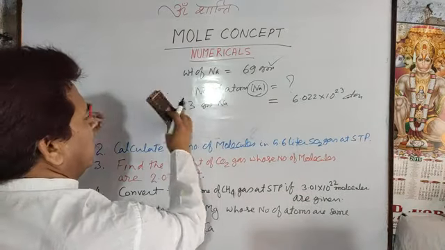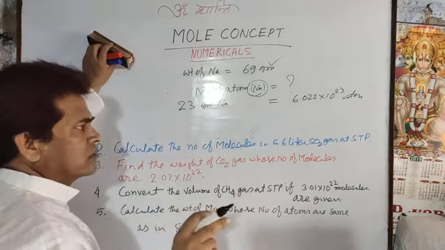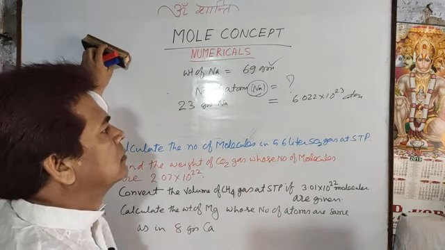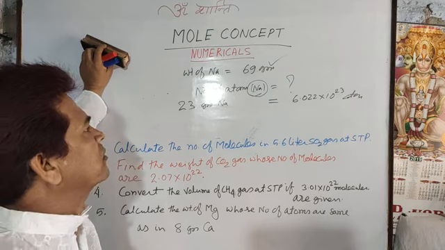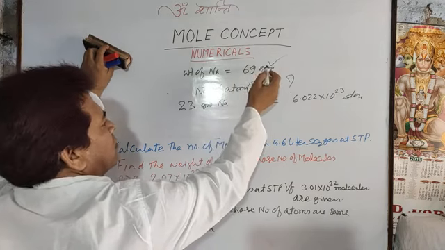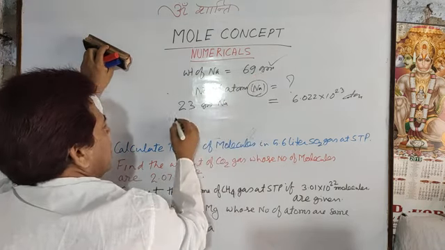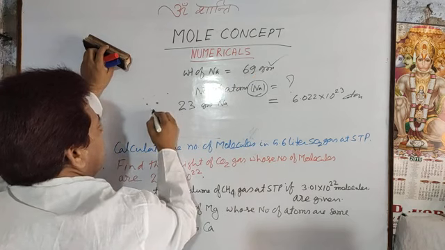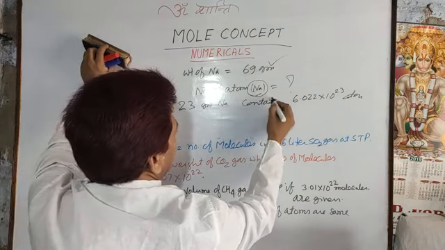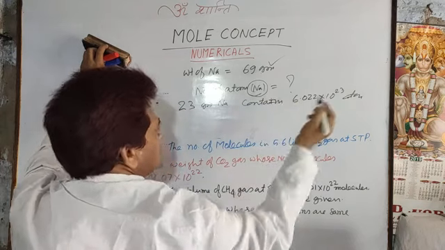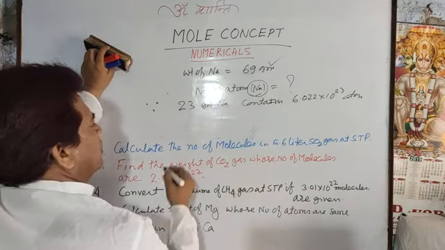So in the unitary method you always write first the one whose data is given. Here the data is given in weight, so you write 23 gram sodium contains 6.022 × 10^23 atoms.